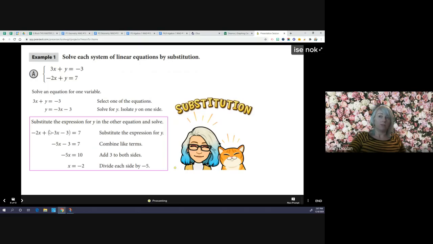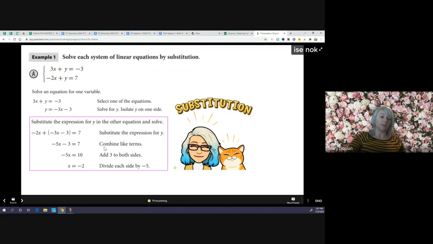To solve this equation, these parentheses are just placeholder parentheses. They don't need to be here. If I drop those, negative 2x plus negative 3x is negative 5x minus 3 equals 7.